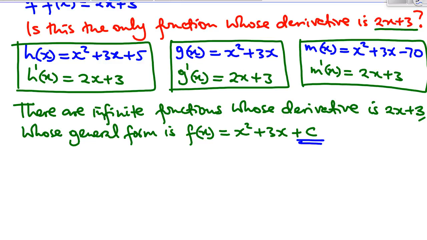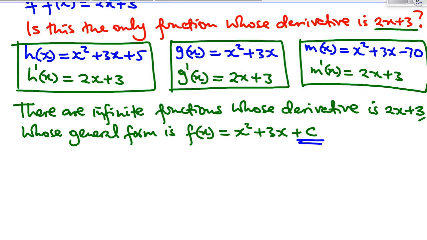So that's very important. Of course, if you look at the first one, h of x, c is 5, g of x, c is 0, m of x, c is negative 70. So we are saying here that there are infinite functions whose derivative is 2x plus 3, whose general form is x squared plus 3x plus c.